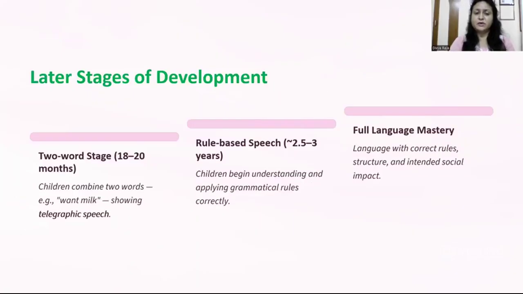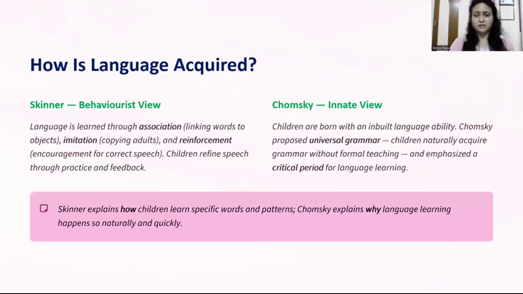So the child uses one word instead of one sentence. Then, by the time the child is 1.5 years old, he learns the two-word stage, and by the time the child is 2.5 to 3 years, he starts speaking grammatically correct language. And only after three will the child master the mother tongue.